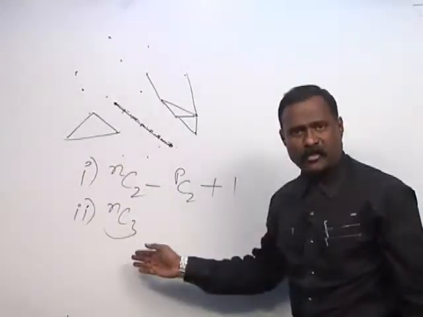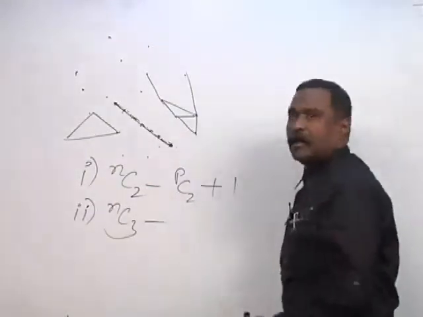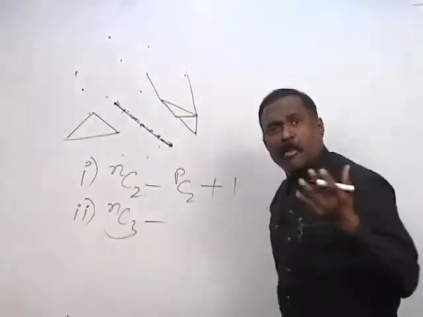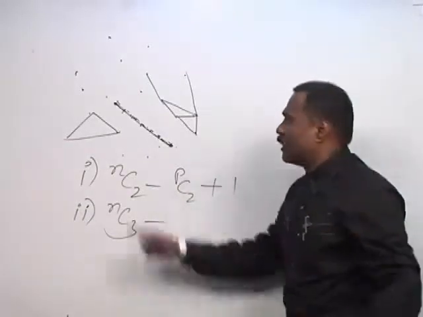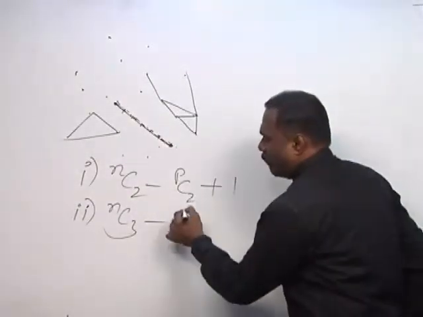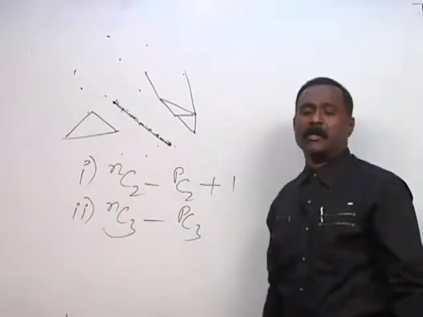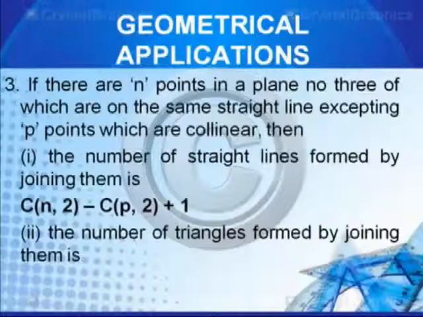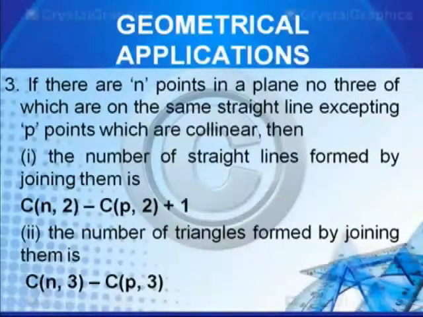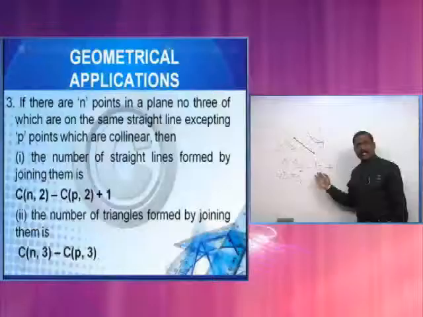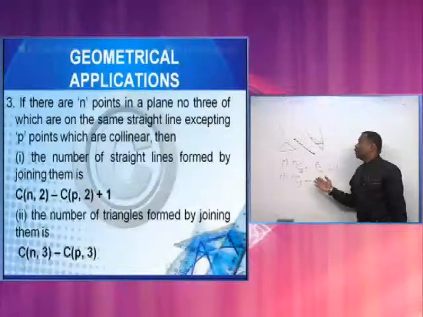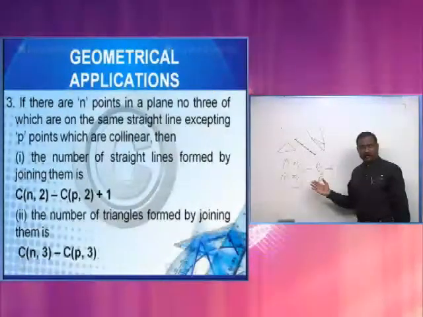So 3 points are chosen, minus these p points, which will not form a triangle but form a straight line. So minus pC3. So you can see that. Now the number of triangles formed by joining them is nC3 minus pC3. So understand this is also a geometrical application of combinations.